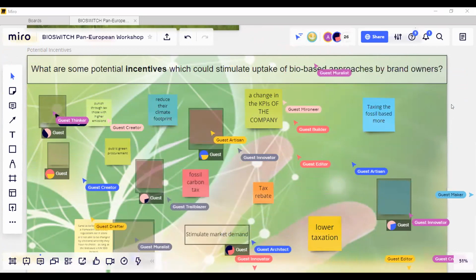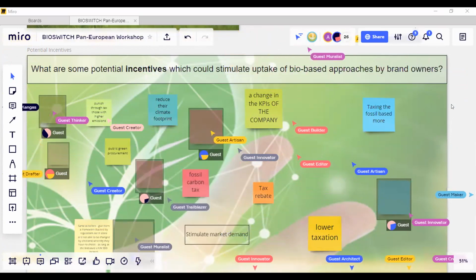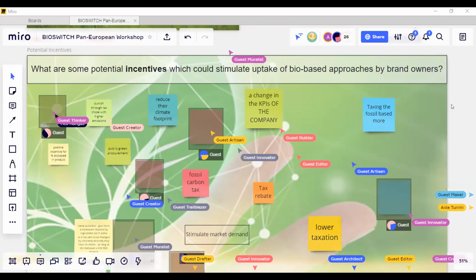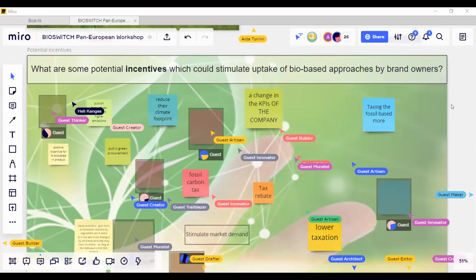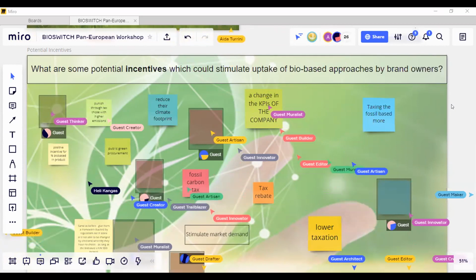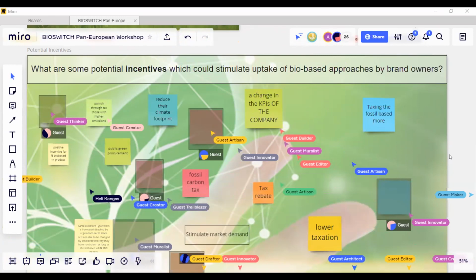Public green procurement is mentioned again. Also, someone says that, as before, give them a framework backed by regulations set in stone, not able to be changed by elections, whereby there is no choice, as long as the bio-based is better in regard to the sustainable development goals.